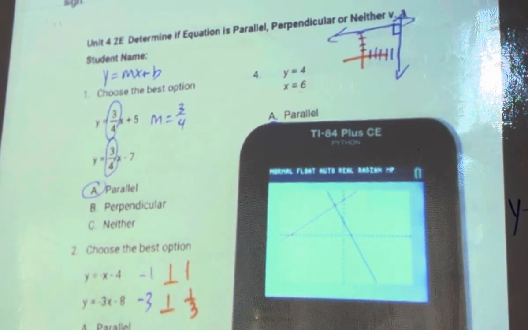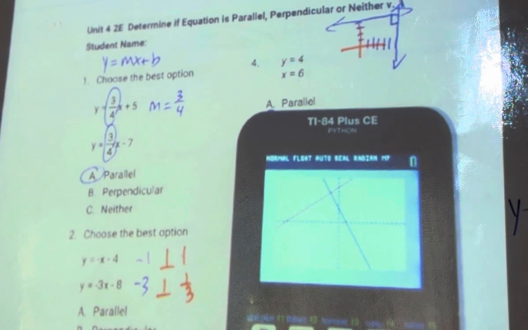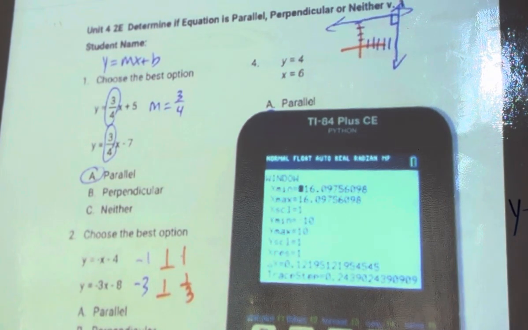So if you want to see if it is perpendicular, you need a zoom square. Because is our screen square? No, so it changes the window to not negative 10, 10, but negative 16, almost 0.1, and positive 16 to make it appear to be square.